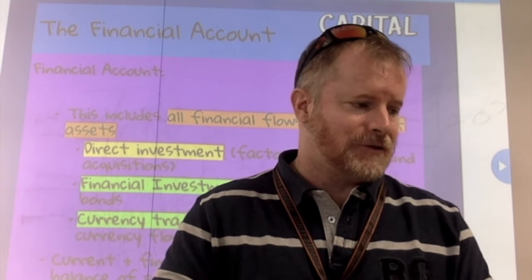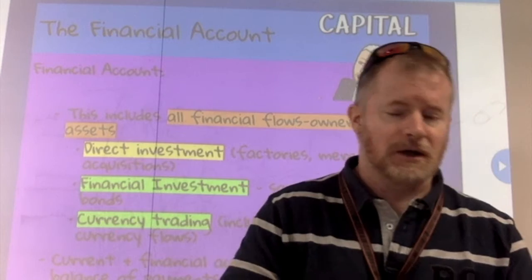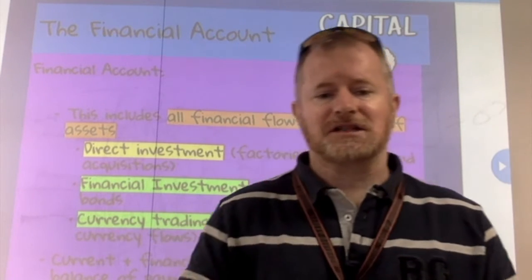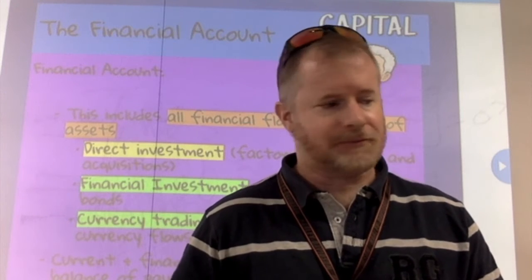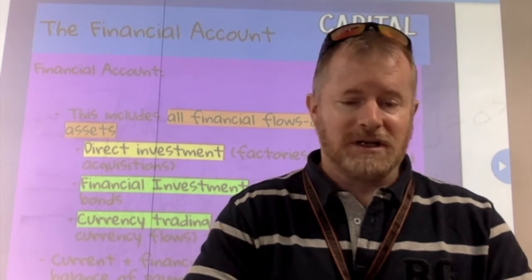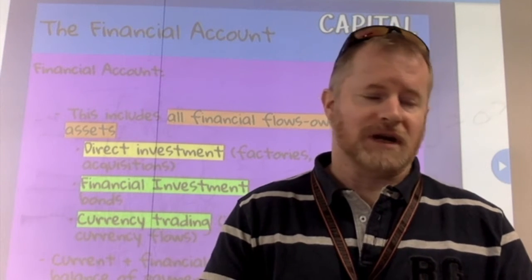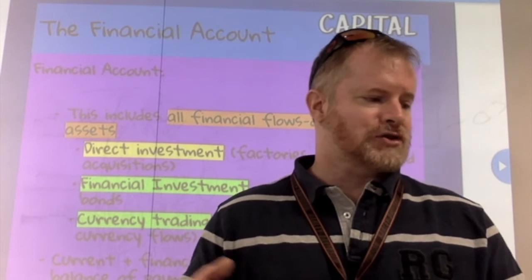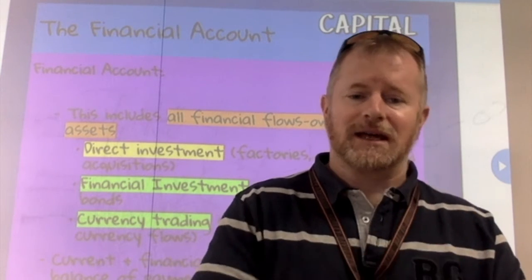So here, for example, you've got what's called direct investment. That direct investment considers the productive class of assets. It looks at factories, so the building of the capital machinery with regards to factories, and mergers and acquisitions, so when businesses join together.